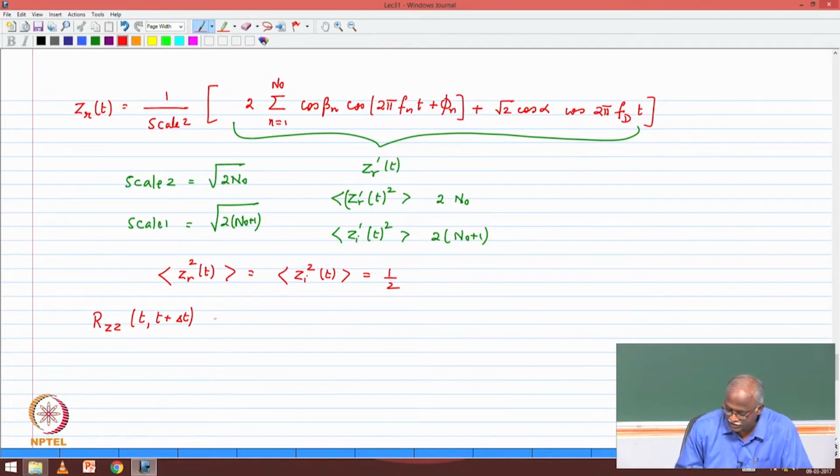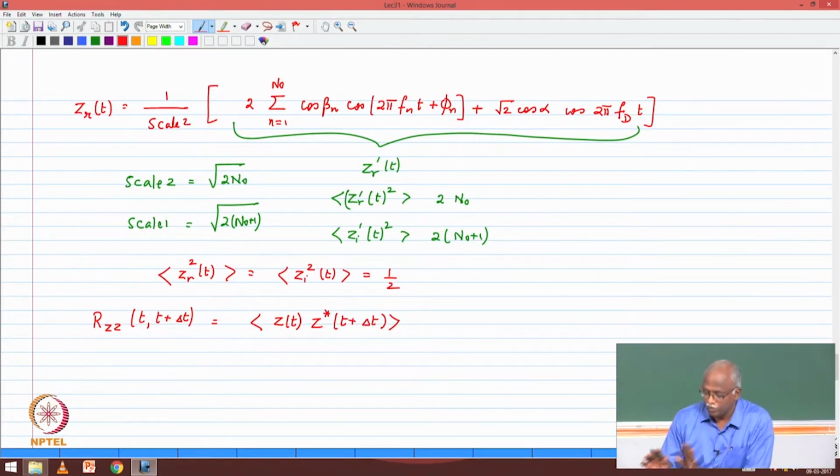I hope you had a chance. This would be expected value. Let me write it in terms of the time averages. The time average of z of t times z star of t plus delta t. You are asked to show that this was equal to a quantity.